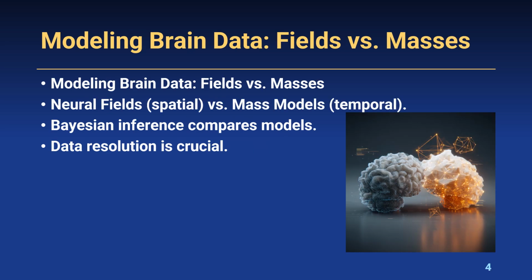Now, let's turn to Chapter 17 by Pinotsis and Friston, which focuses on how we actually use these models to interpret empirical brain data. They delve into the relationship between two main classes of brain models. Neural mass models. These are simpler models that treat a brain region as a point source, describing its activity as a function of time only, usually using ordinary differential equations. Neural field models.